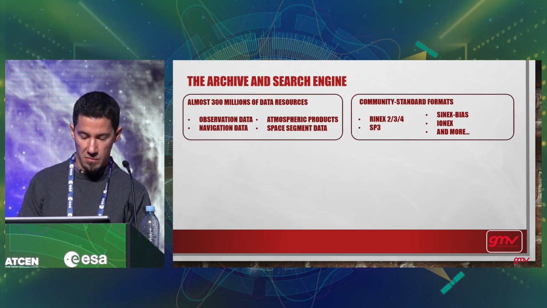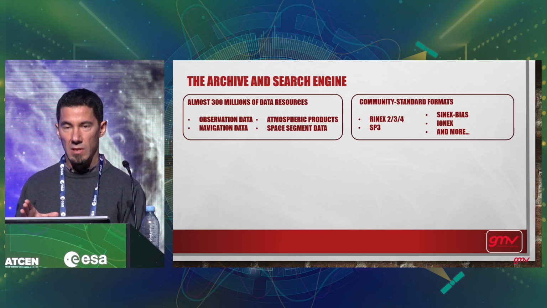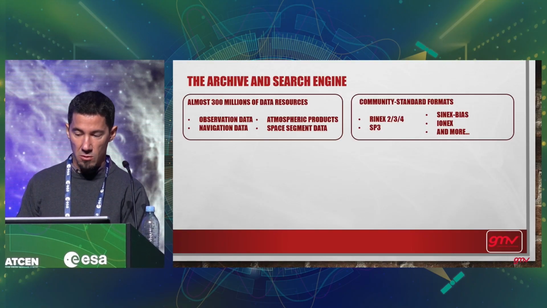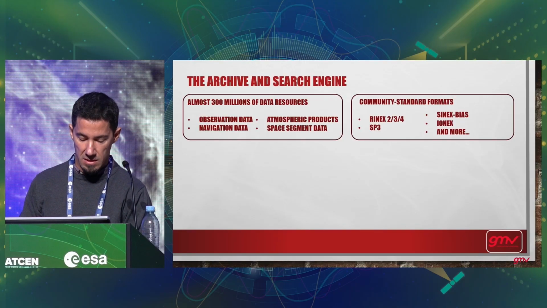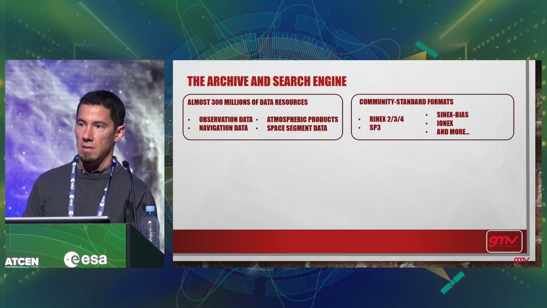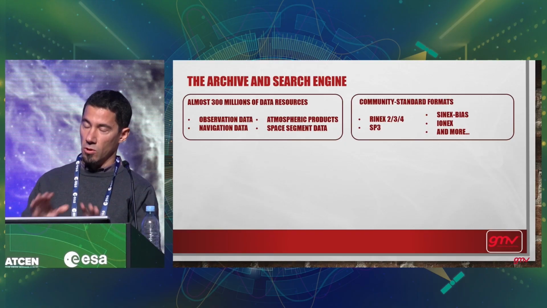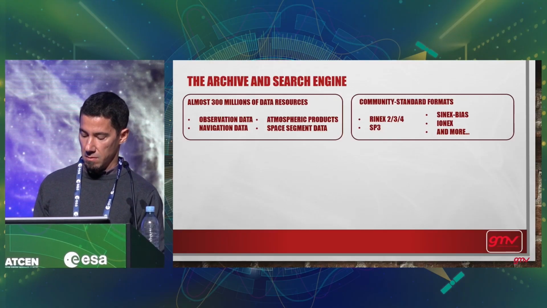We have also atmospheric products, that is derived data sets that provide critical insights into atmospheric variability, and of course space element data, like onboard telemetry from receivers aboard the ESA's satellites such as Galileo, Sentinel, Swarm, and the like. All of them, of course, formatted under the community standards, like RINEX 2, 3, 4, SP3, IONEX, and the like.